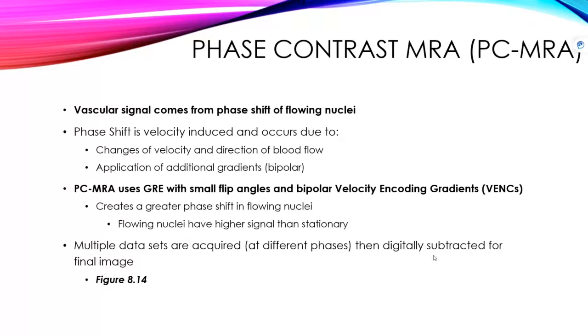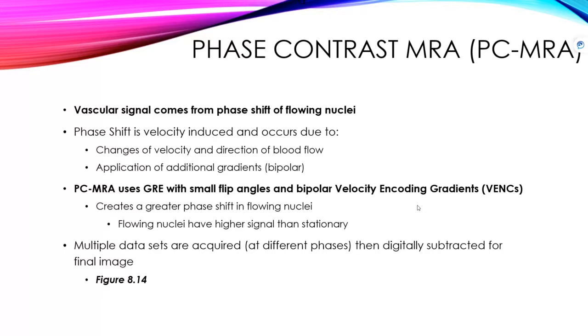So it's bipolar, positive and negative lobes. At the very beginning, you have your stationary spin and your flowing spin pointing in the same direction. Their phase is in the same direction, pointing to 12 o'clock. You apply your first lobe of the velocity encoding gradient. That is going to push them both into the transverse plane.